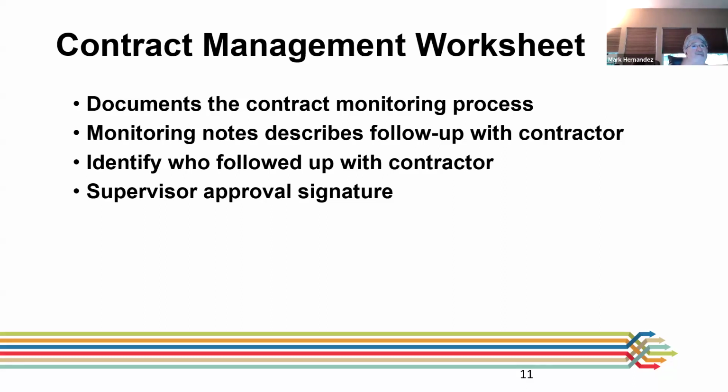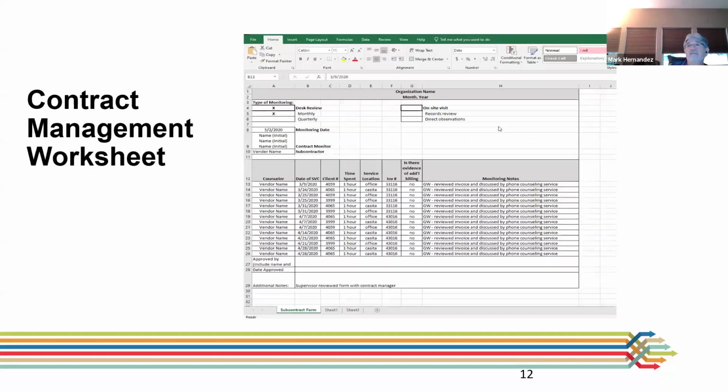Identifying the contractor and who's doing the work, supervising, and approving that contract and the expenditure. Over here, I have the contract management worksheet that I developed for some of the programs when they got audited by VOCA, and the finding was kind of this situation.